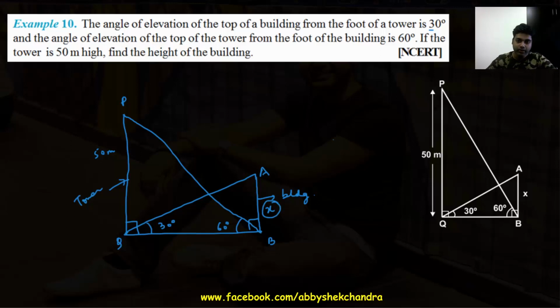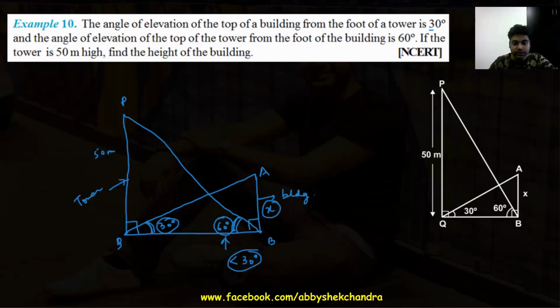Now you might question me saying that how did I assume the tower to be taller than the building? Now see, this angle of elevation is 30 degrees and this is 60 degrees. So this 60 degrees is greater than 30 degrees. Had the tower been shorter than the building, then this angle would have to be less than 30 degrees.